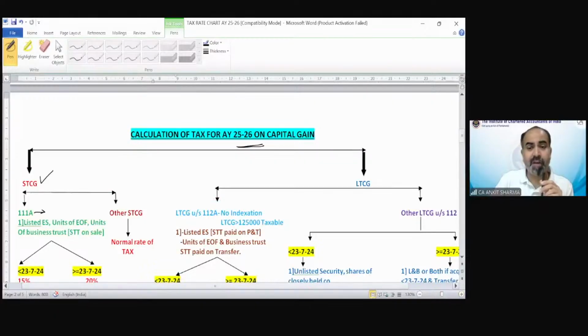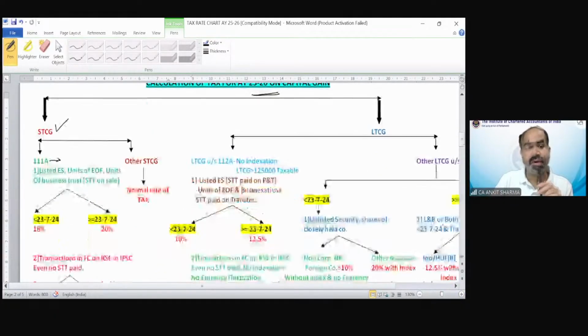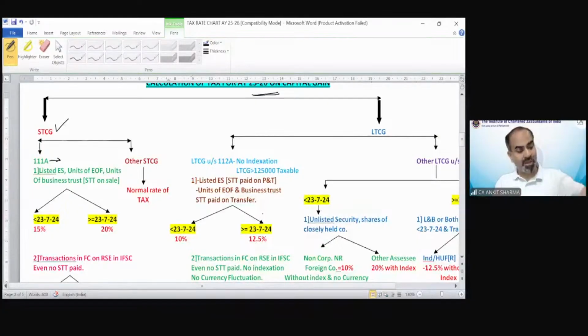There was section 112A, and that was for long-term capital assets. If those are not long-term capital assets, but all the other conditions of section 112A are fulfilled, then it would be 111A. We have also summarized it in a short way: listed equity shares, units of equity oriented fund, units of business trust, if STT is paid on sale.